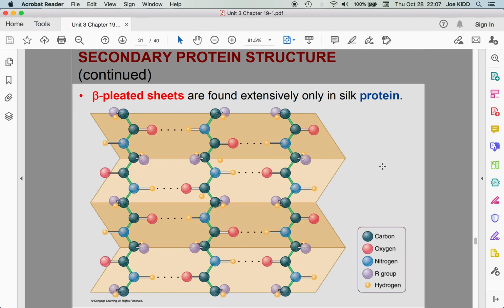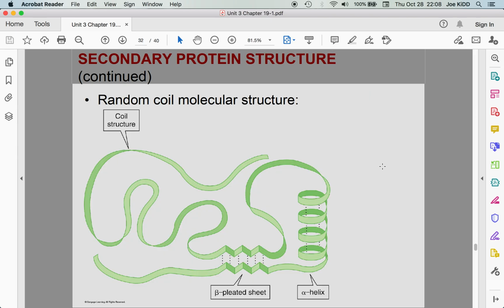A beta pleated sheet, the best way I can describe this would be if you took a piece of paper and folded it into an accordion, like you were going to make a fan. That's the general shape that these take. So here's an example of a random coil of material, just so that we could see what the beta pleated sheet looks like versus what the coil looks like.